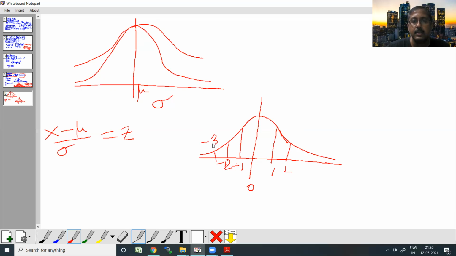This is called a standard normal curve or a Z curve.